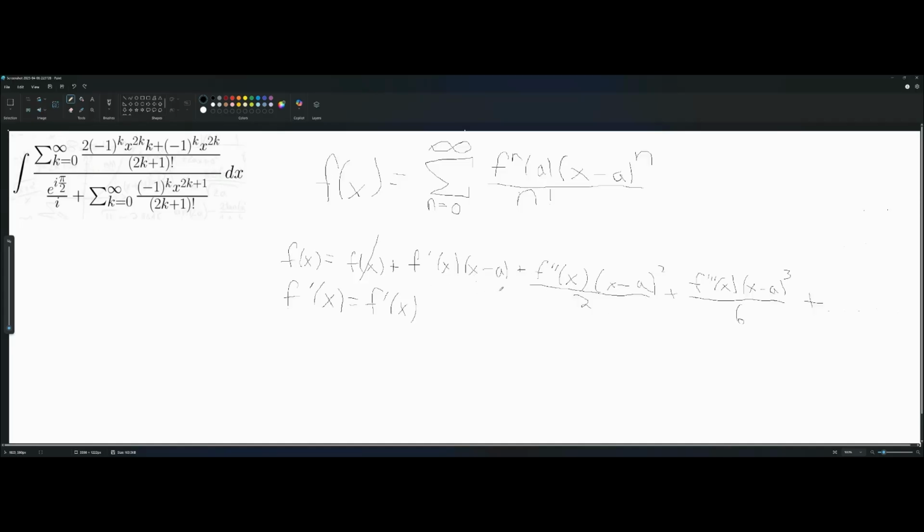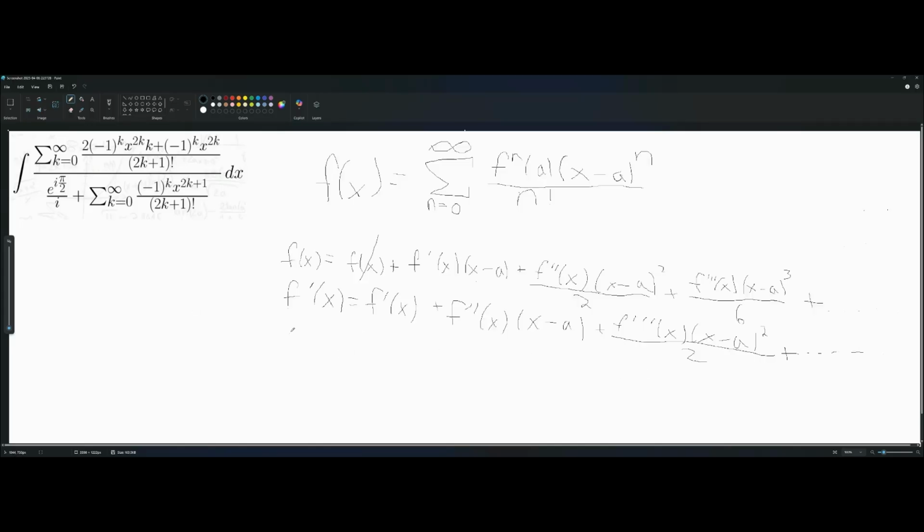The only variable here is x, so this will just turn into 1. It is to the first degree, x to the first. And it'll be plus, take the derivative of this, we bring over the 2. The 2's will cancel out, which just gives us f double prime of a multiplied by x minus a. Bring over the 3, and now we have f triple prime of a multiplied by x minus a to the second over 2, on and on and on and on.